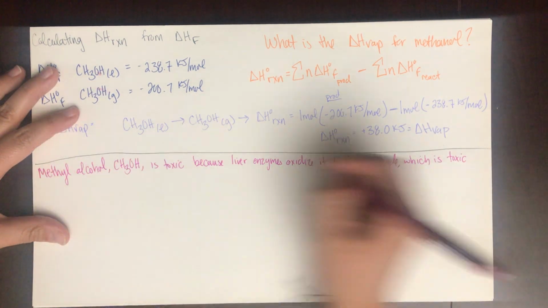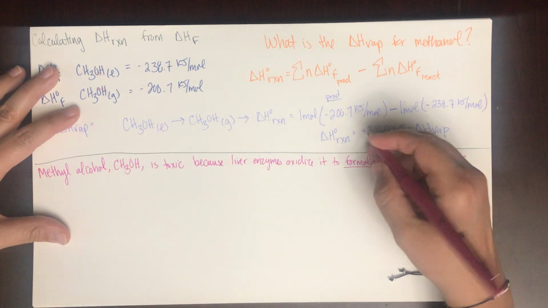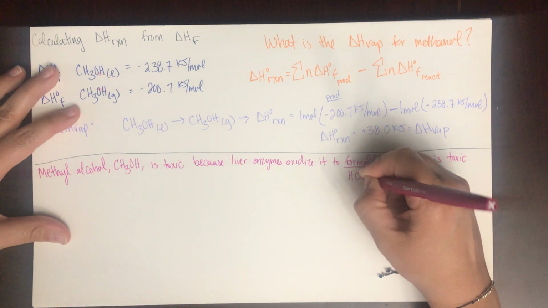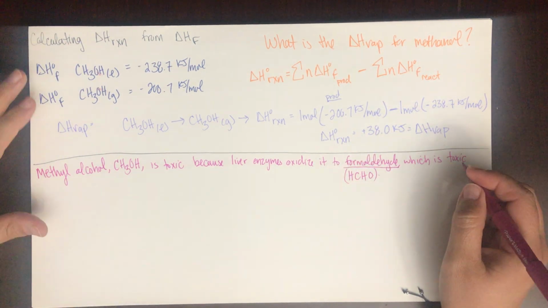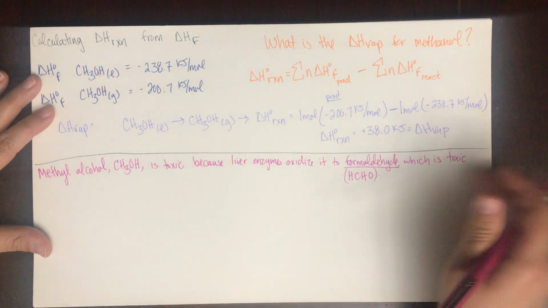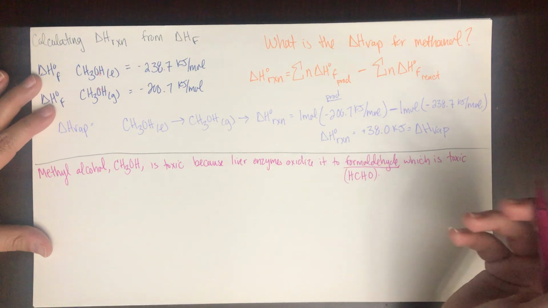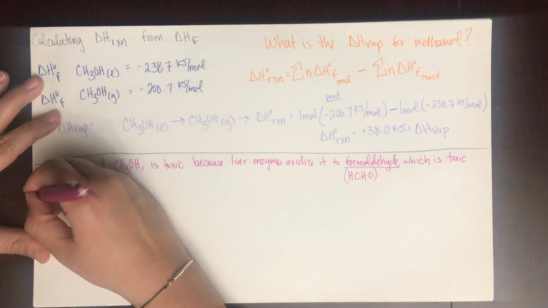Formaldehyde is HCHO, which is toxic because it can coagulate proteins. That's not really important to my question. The question is calculate the delta H for the following reaction.